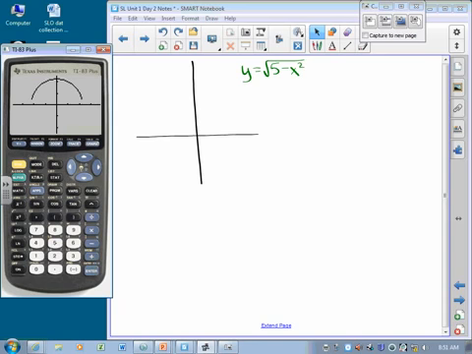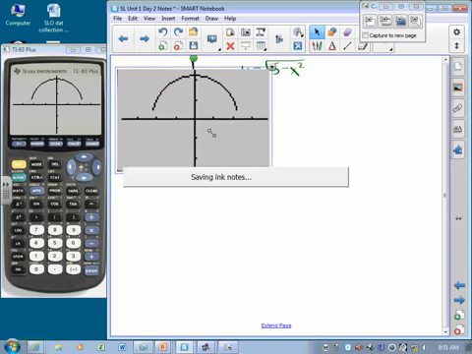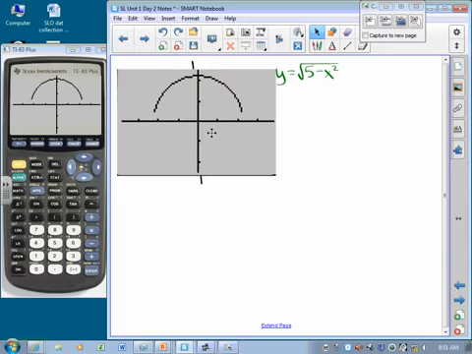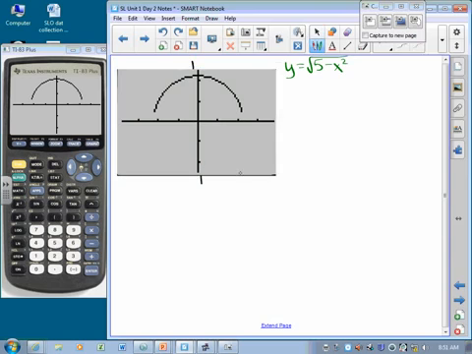That thing is a semicircle. I'll blow it up nice and big for you. This thing is a semicircle, and it runs from here all the way around to here.